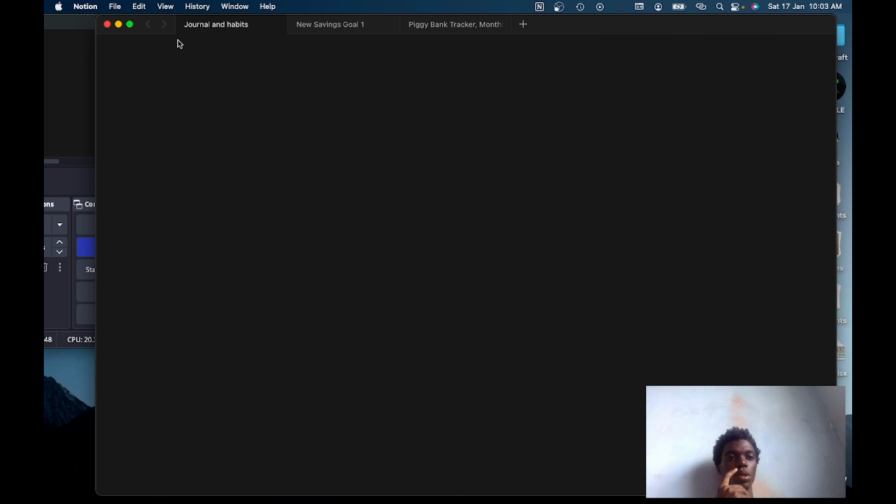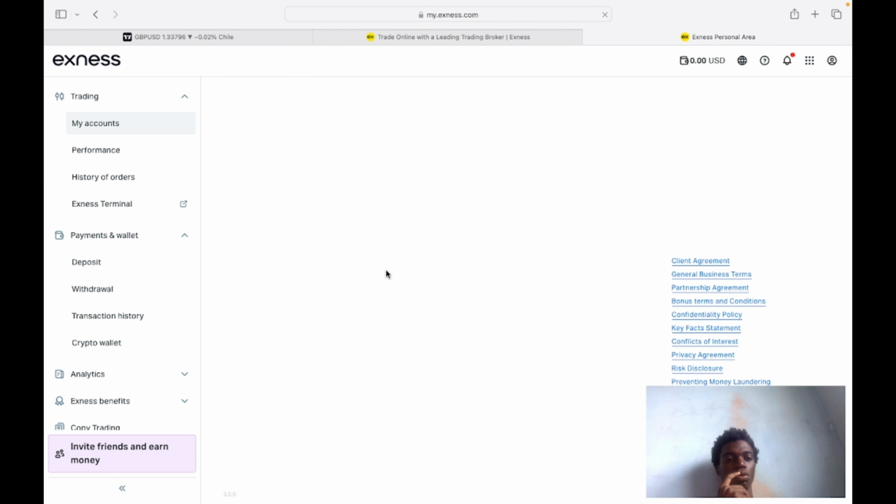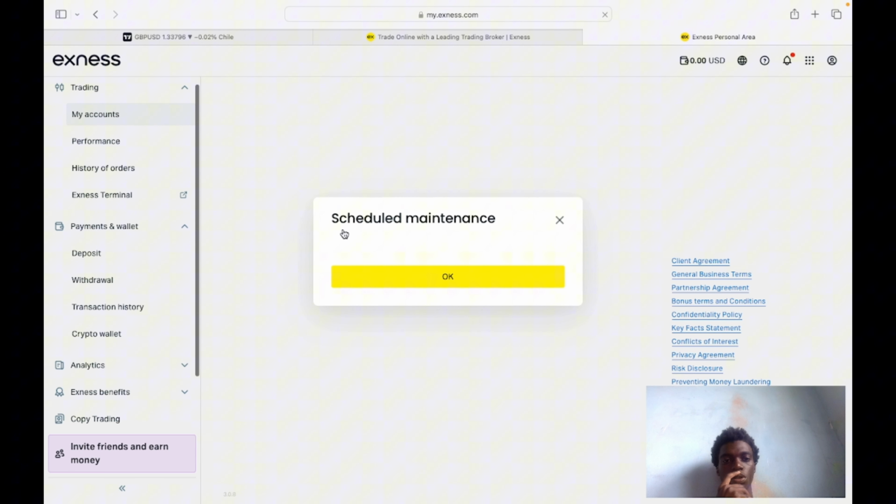The network is just slow, but it's going to load up. So we've logged into scheduled maintenance. I think XM has some sort of maintenance going on.